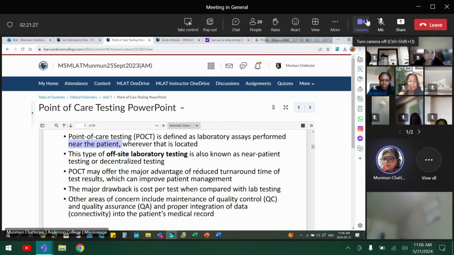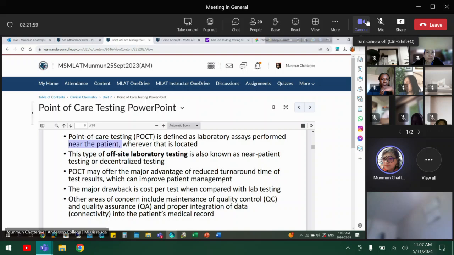This is useful for off-site laboratory testing, also known as near patient. The patient is at home, cannot move, cannot go anywhere, so you can do off-site testing. Inside the laboratory is fine too. POCT may offer the major advantage of reduced turnaround time of the test result, which can improve patient management.